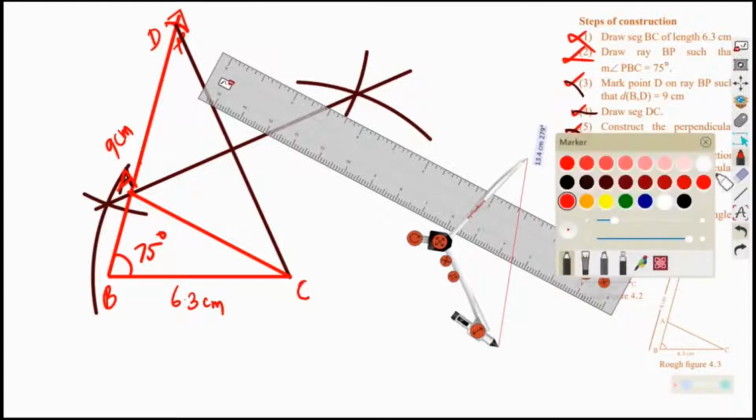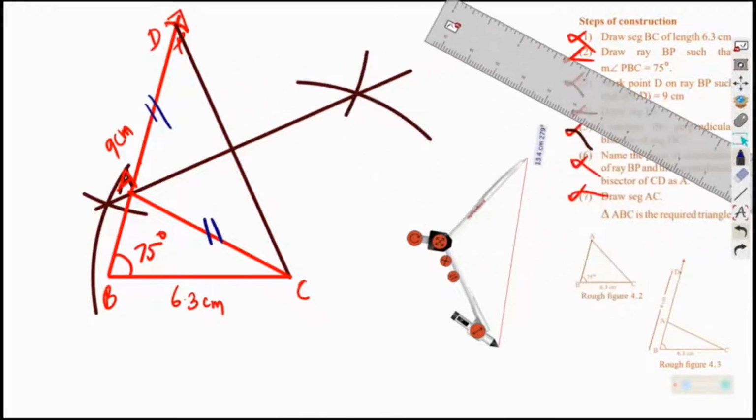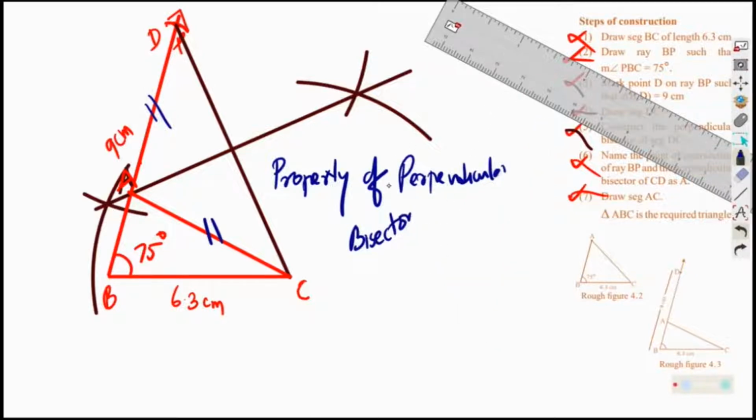So we have completed the construction, only I need to explain something to you. The sides AD and AC are congruent because those are lines reaching from the point on the bisector to the end points. That property of a perpendicular bisector is perfectly used here in order to draw this triangle. Now ABC is the required triangle.